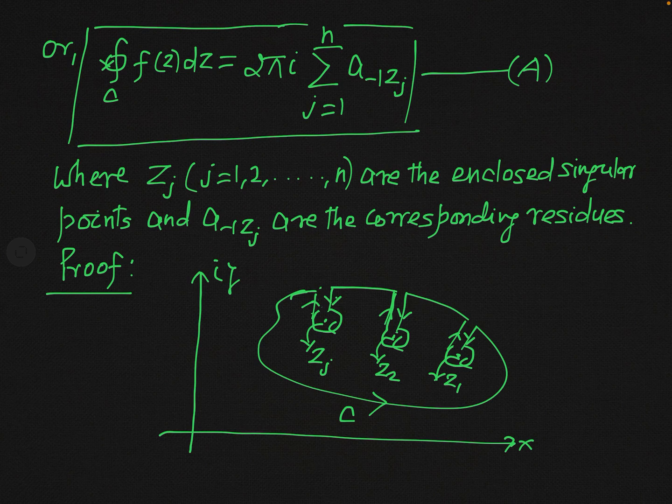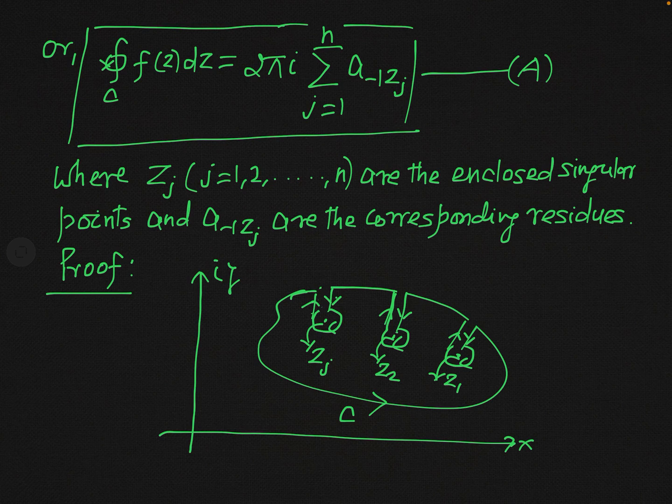In this figure you can see that C is a closed curve of arbitrary shape and size, shown in the complex plane. These points where z is z1, z is z2, z is zj here, are the isolated singular points. When you say these are isolated singular points, what does it mean?